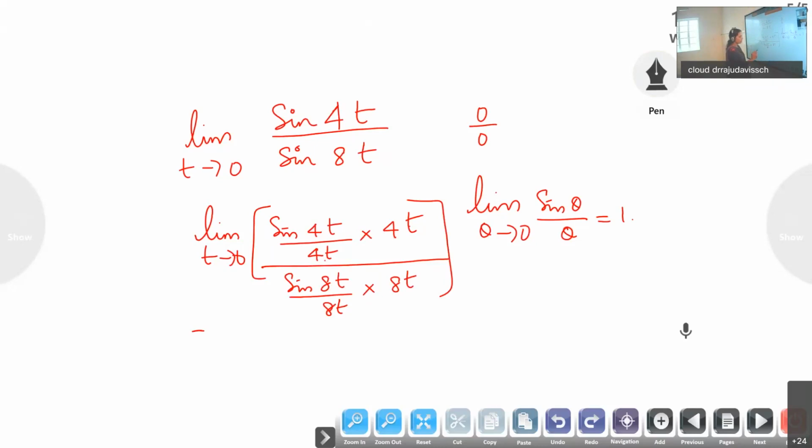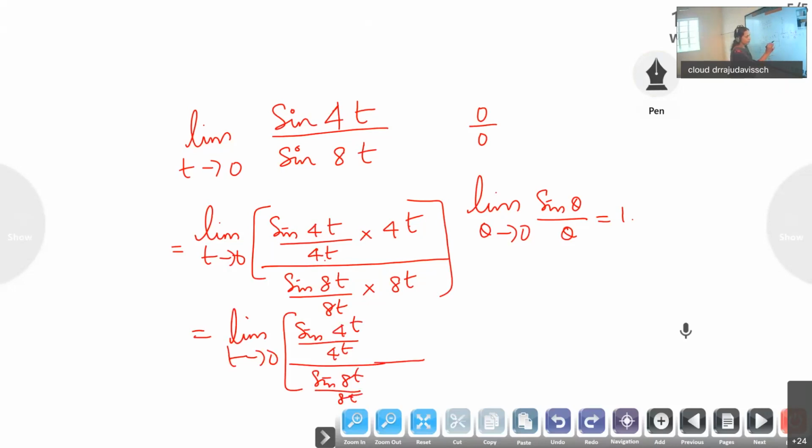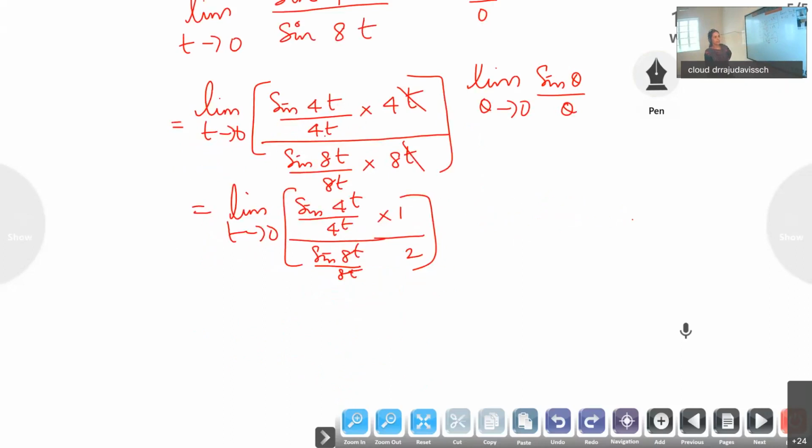So this is the same as limit t tending to 0, sine 4t by 4t by sine 8t by 8t, into, here t and t will get cancelled. 4 by 8, if you cancel it, is 1 by 2. So 1 by 2 we can take as common.